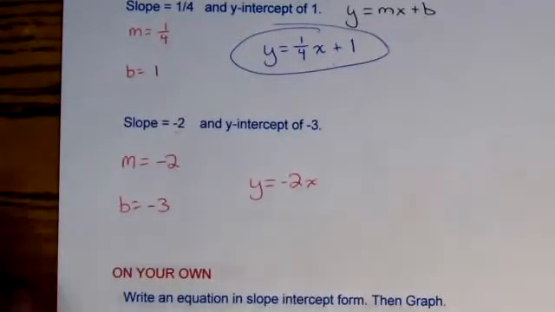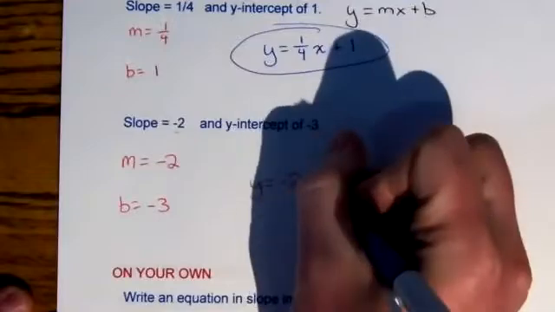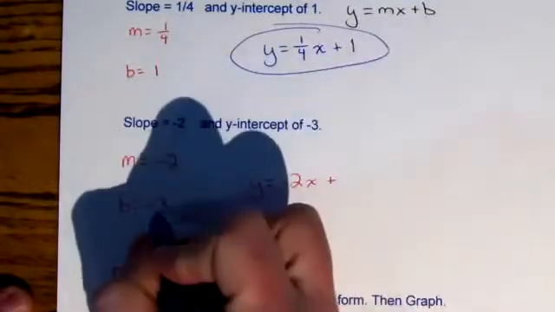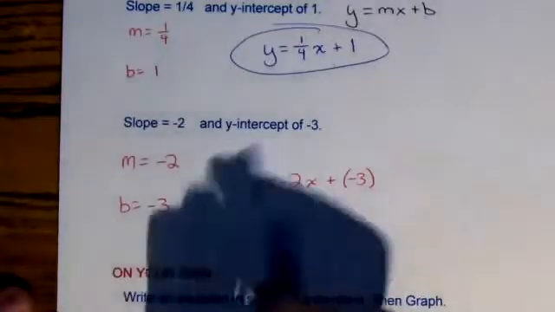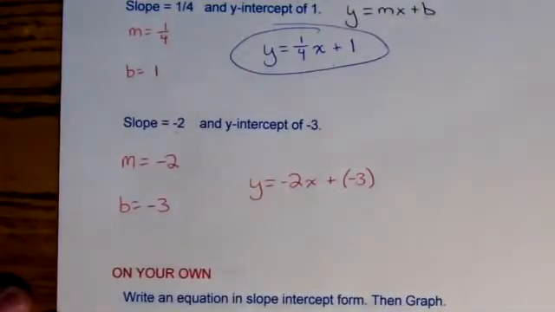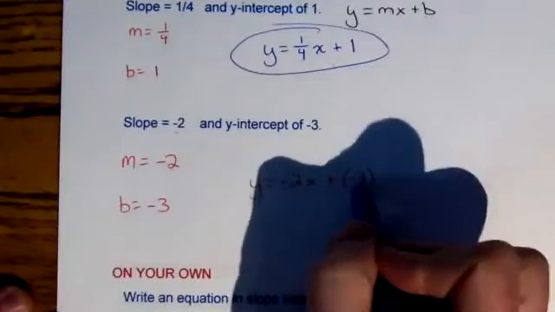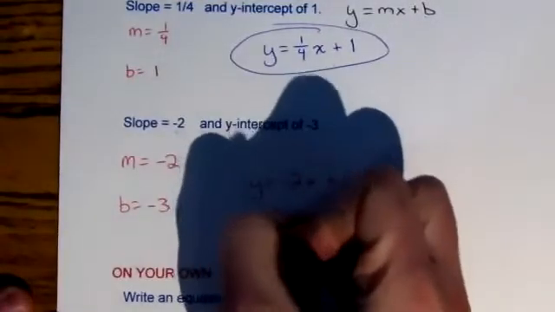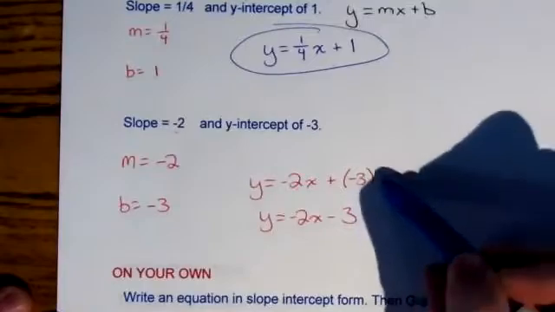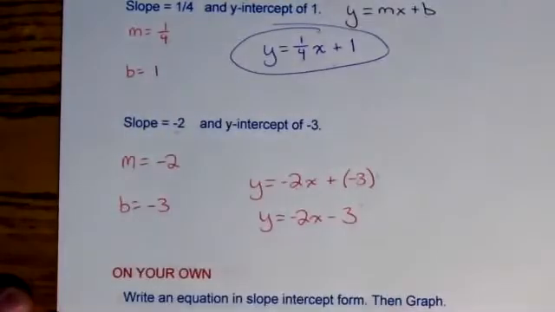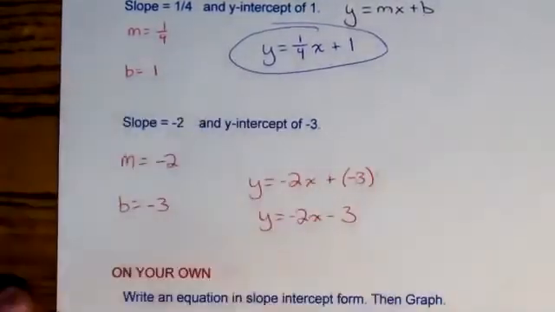And this is the tricky part. It says plus b. So we could do plus, well, b is -3, so plus -3. That looks clunky. We can rewrite plus a negative as just minus 3. So these two equations are the same thing. Both of these equations represent this.